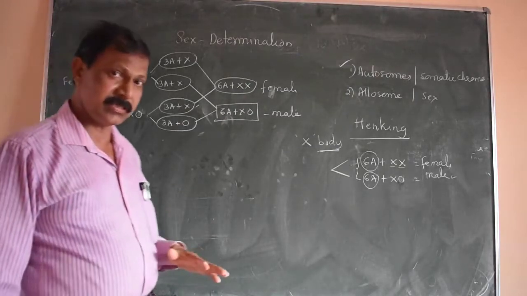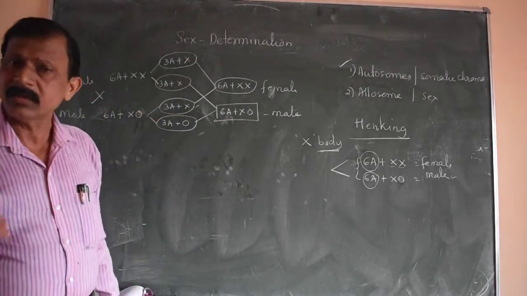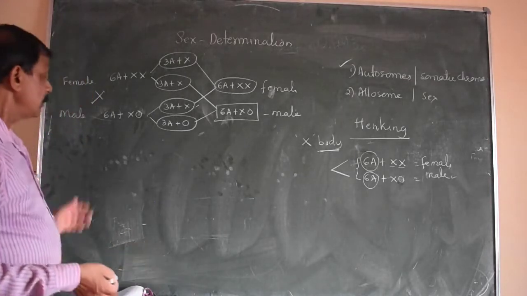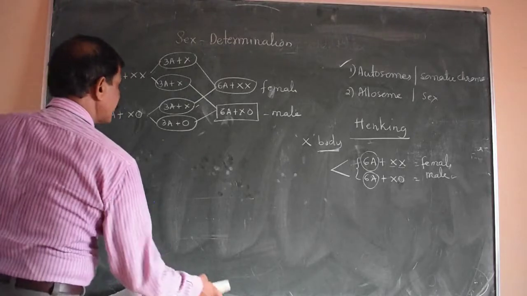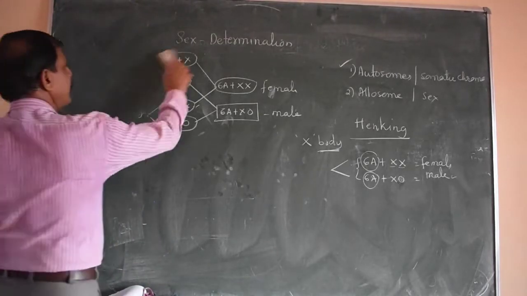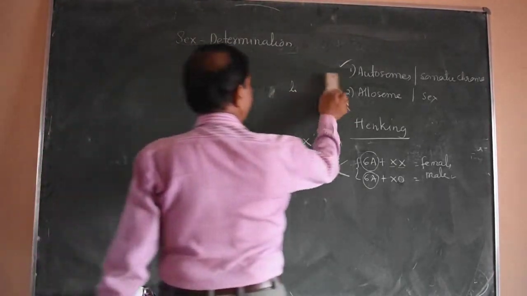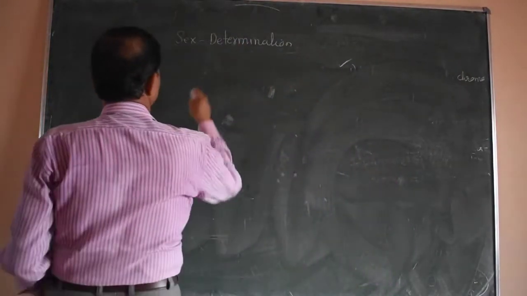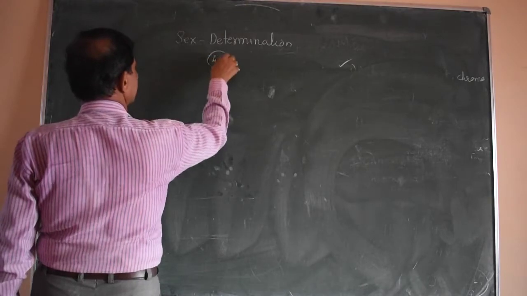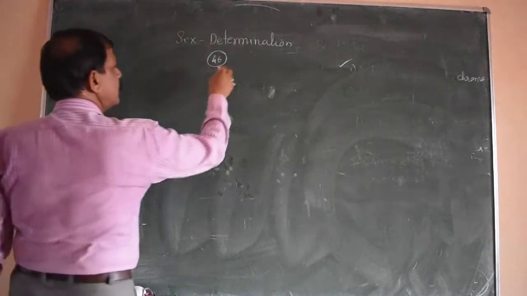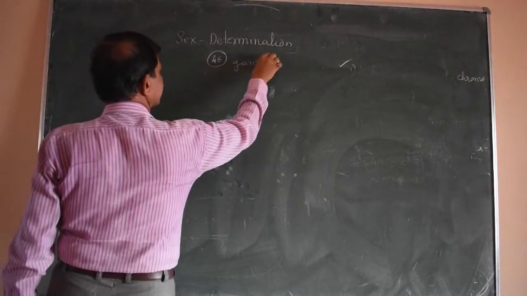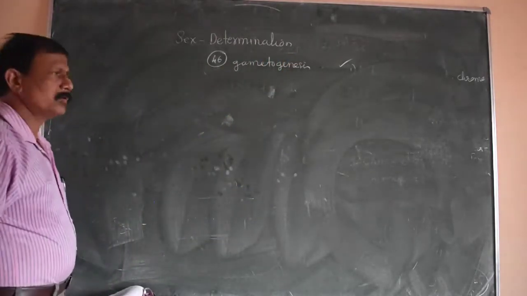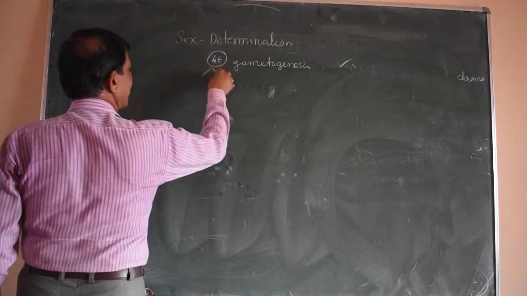This is how determination of sex was later studied by Henking and many more scientists, and it is studied the same way in human beings also. In human beings, the total number of chromosomes present in a cell is 46, and gametes are formed during gametogenesis in a male or female.